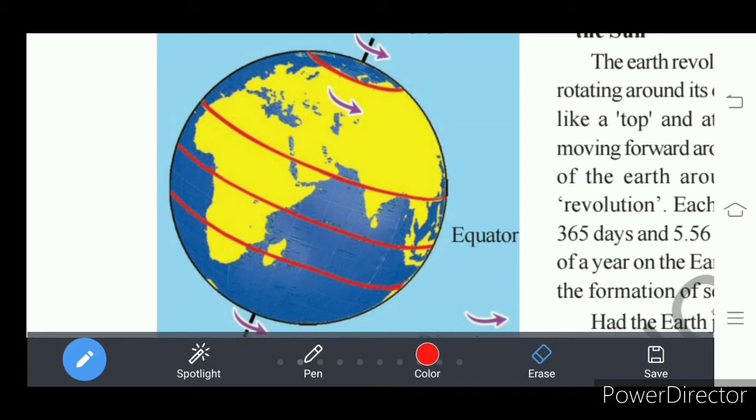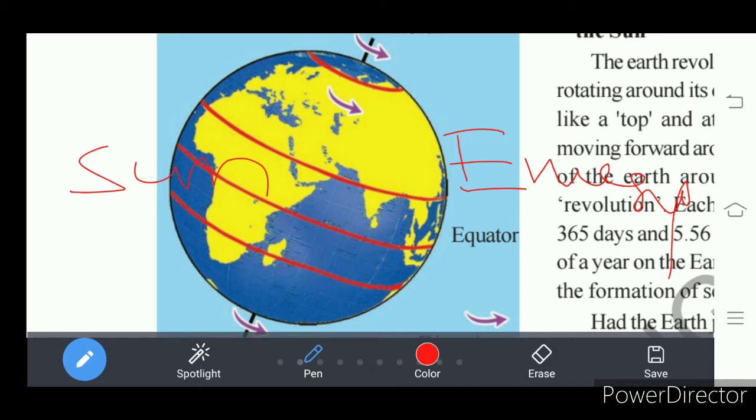Okay, so let's find what is coming from the sun. The actual point we are going to discuss here is the sun and its energy. Sun is the main source of energy on the earth. Understand?